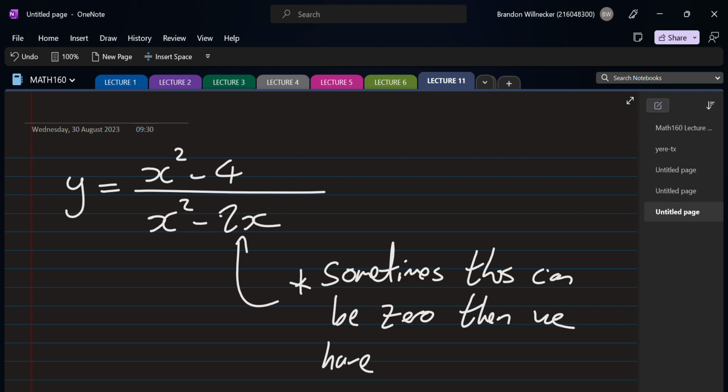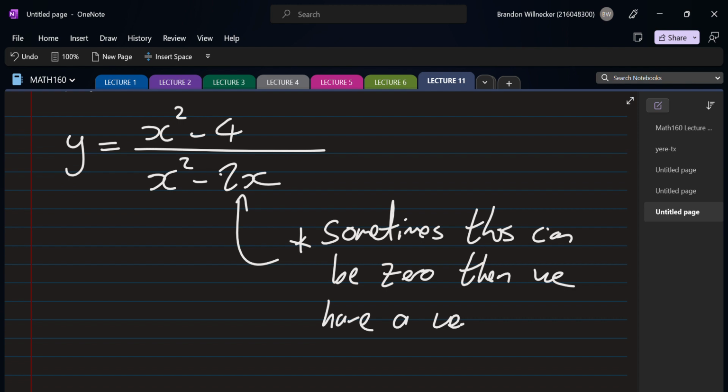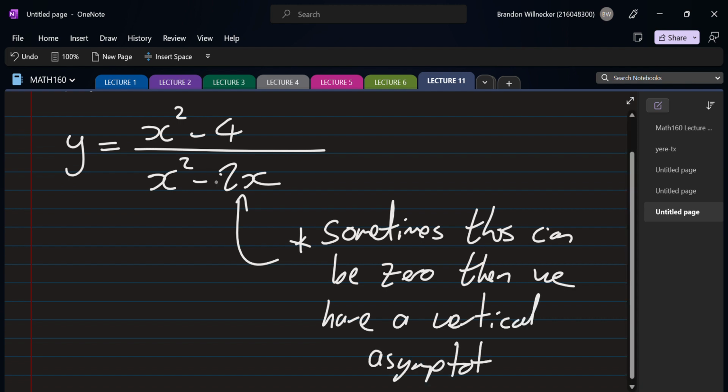Then we have a vertical asymptote. Okay, so for polynomials, we don't have to worry about asymptotes. For rational functions, we do. So you will have vertical asymptotes because of this denominator. You must also look out for horizontal asymptotes. Okay, but this is just one of them that we're going to be looking at now. Okay, so x squared minus 2x, that's going to give us an asymptote there.